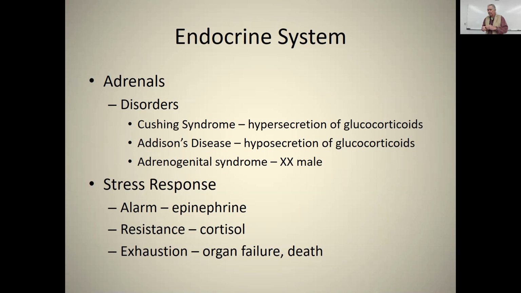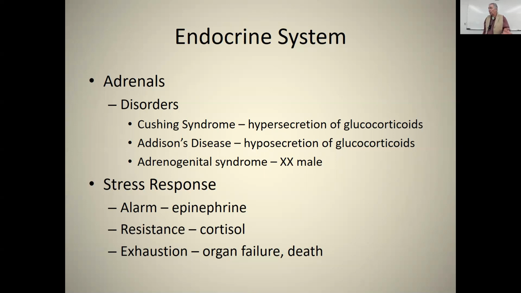It causes this buffalo hump on the back of your neck. It seems strange, I'm not sure why this is, because you think it's supposed to break down fat, right? But on the top of your shoulders, it actually adds fat. It's people who have Cushing's syndrome who get this buffalo hump.